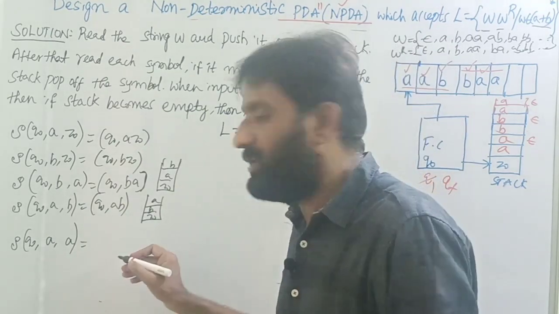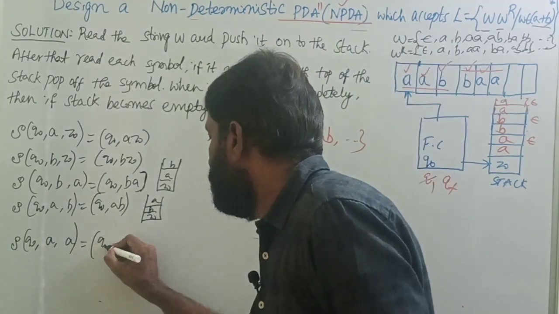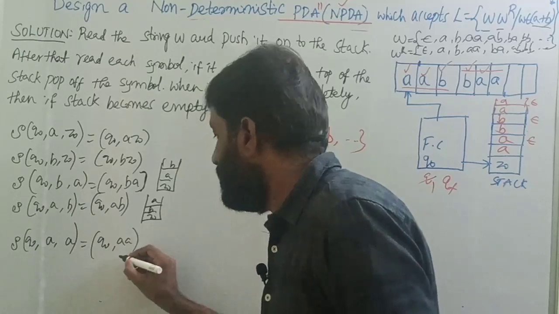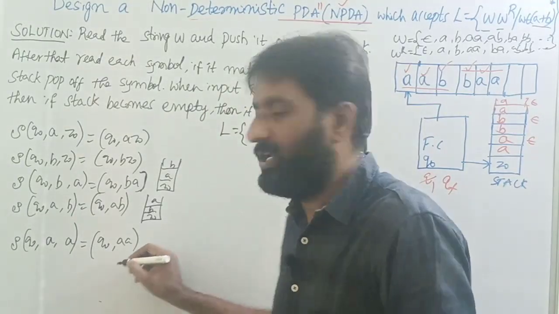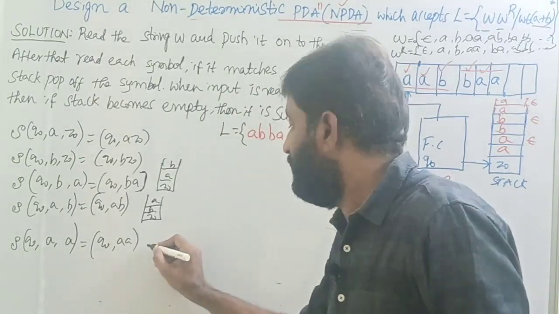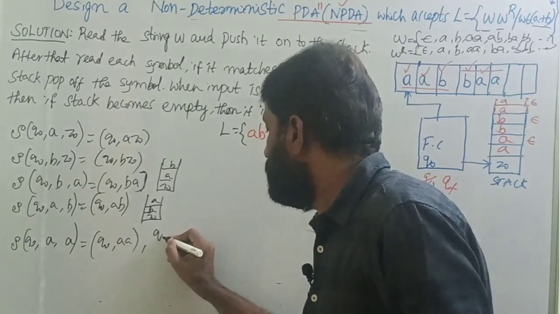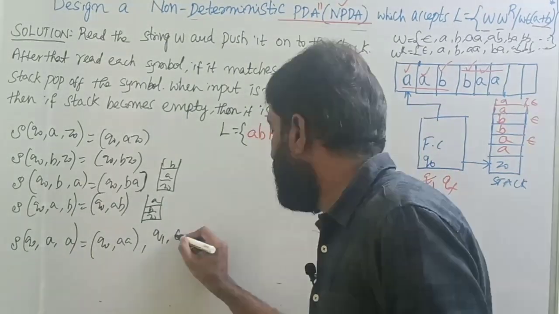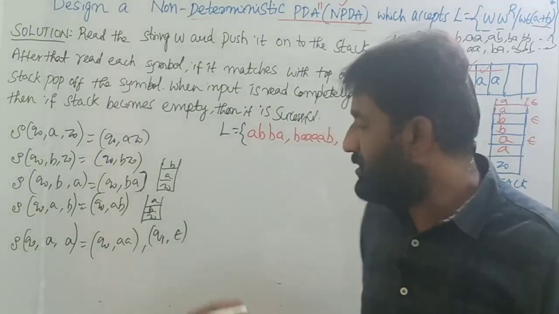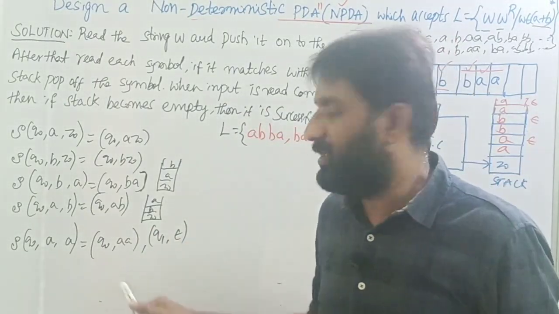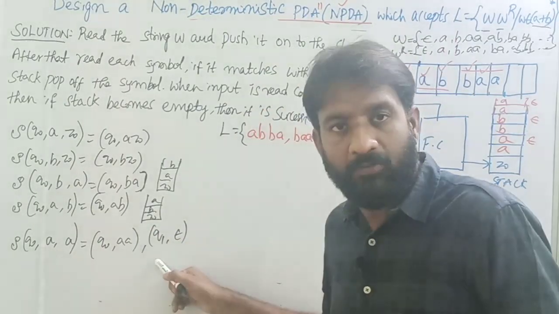For both cases we write Q0, A, which means I am adding element A onto the stack. The other option for this transition is to move to the next state Q1 and do the pop operation. This is what a non-deterministic push-down automata is. For the same transition we have more than one move.